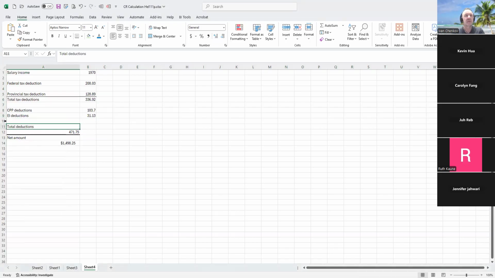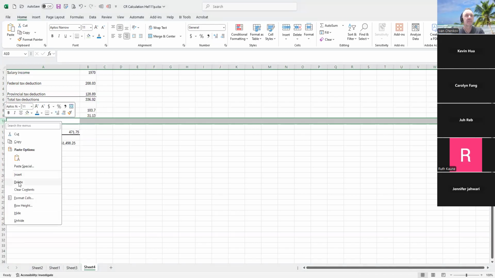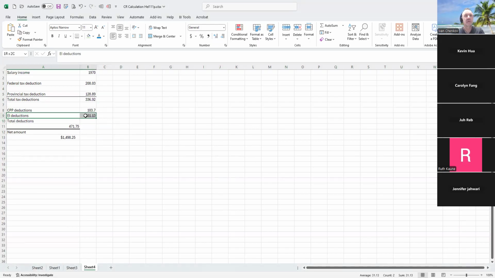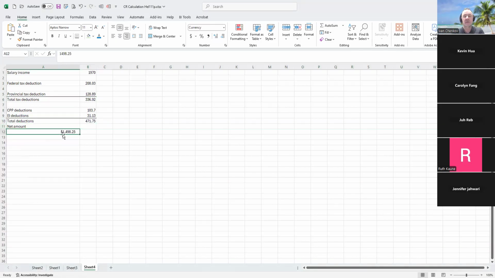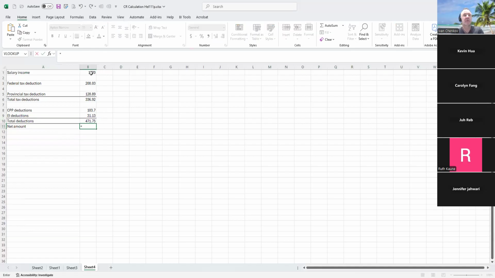And then we're going to get the total deduction, which in our case will be those three numbers all together. And the net pay, the net amount that has to be paid to the employee, will be equal to the total amount minus the total deductions.